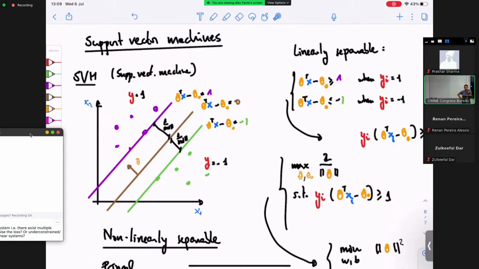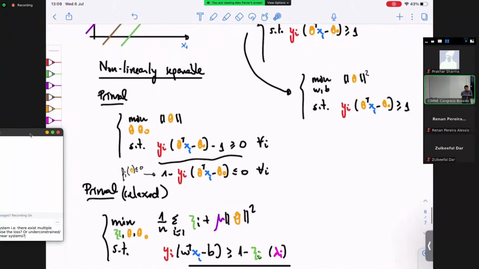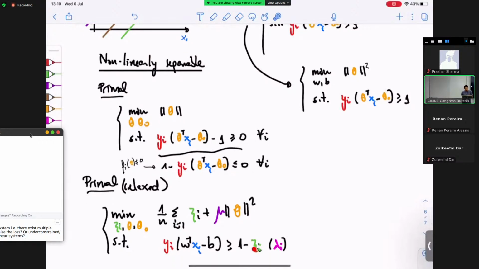Okay, and it happens. Of course, the normal thing is that it happens. So you relax the problem again, or you can regularize it. You can see it as you prefer. How? What you can do is add an extra variable, an auxiliary variable, also called chi, where you say, okay, I want to be larger than 1, but not always larger.